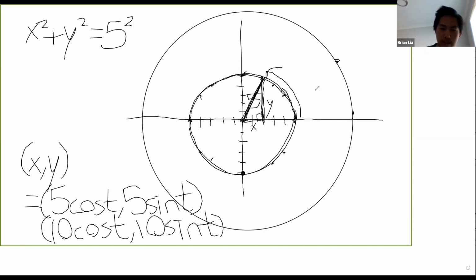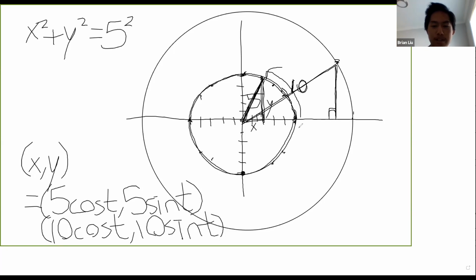What's another way? Another way is if we look at the radius being twice of this smaller circle, instead of 5, it's 10. And so what's the relation between x and y that gives this radius being 10? Well, like how we figured out this is a circle, we can drop down this height right here and form a right triangle.